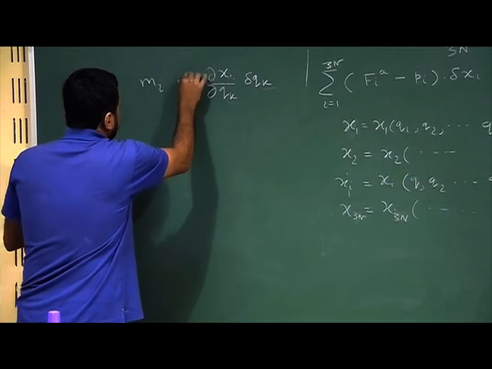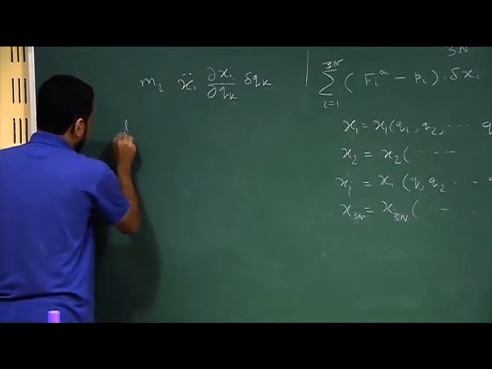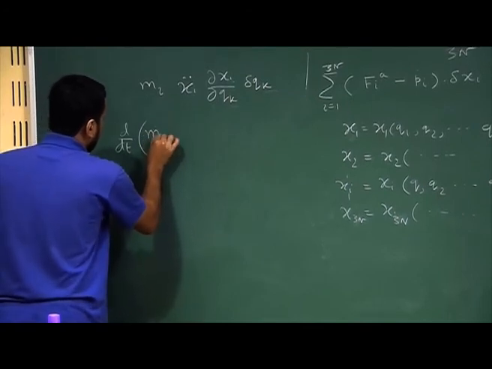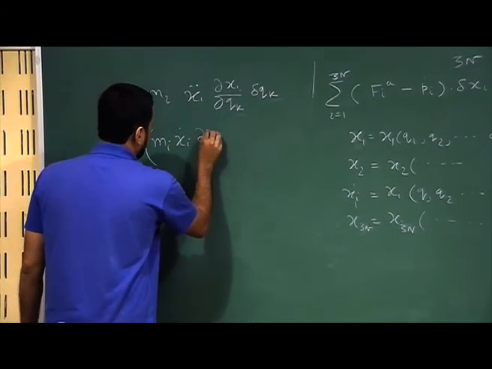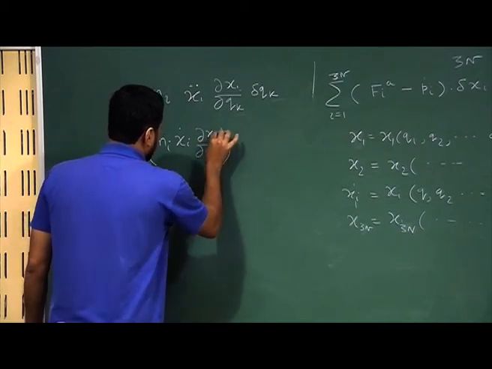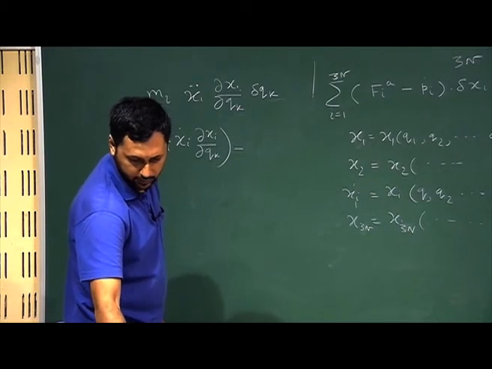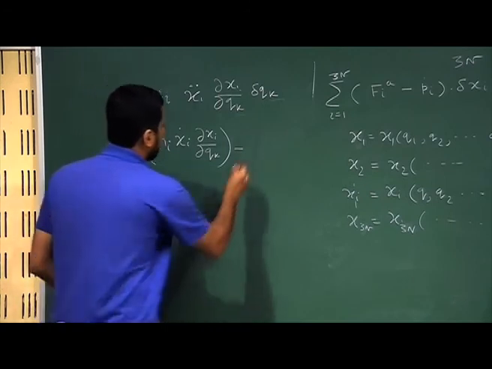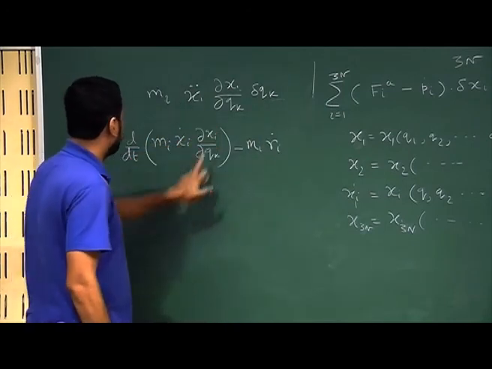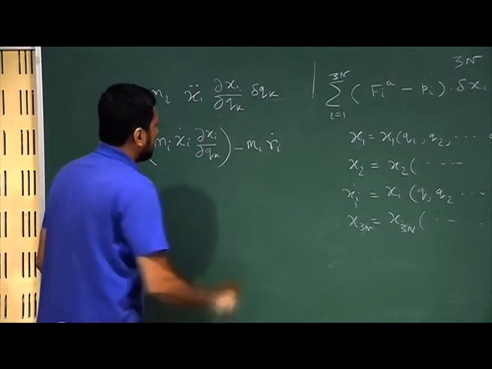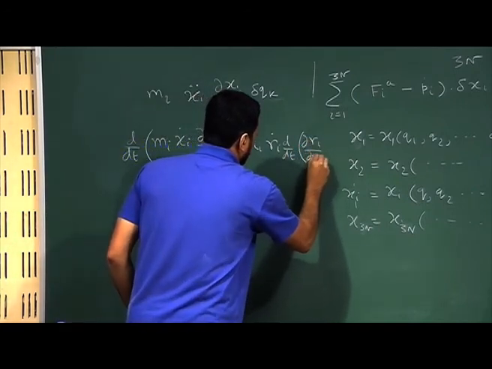Now, it can be shown with simple mathematics that this is equal to d/dt of mi xi dot del xi del qk, minus mi xi dot, d/dt of del xi del qk.